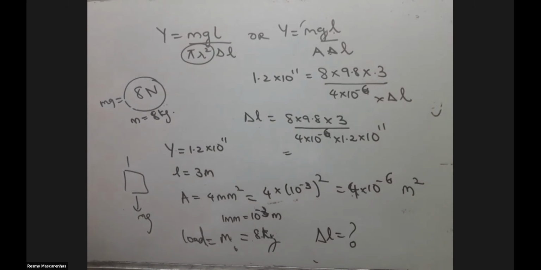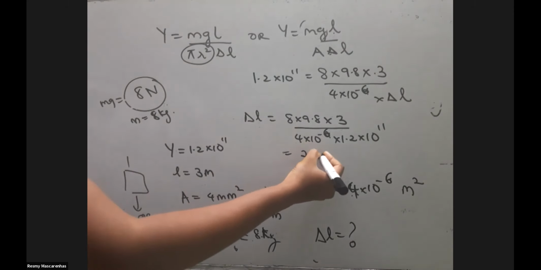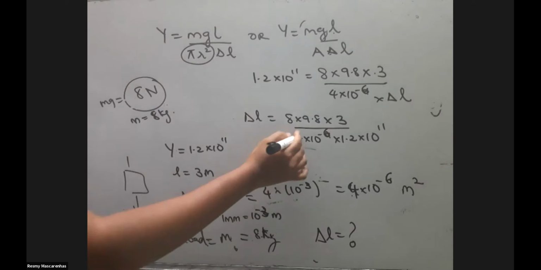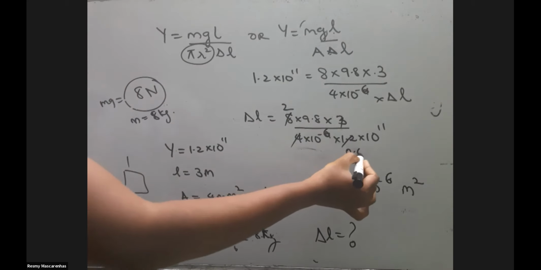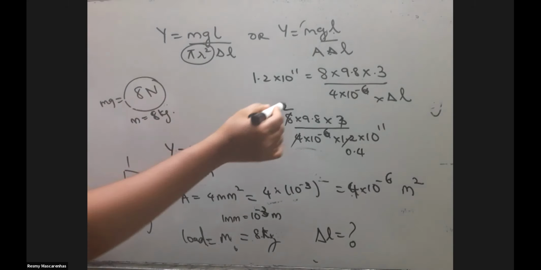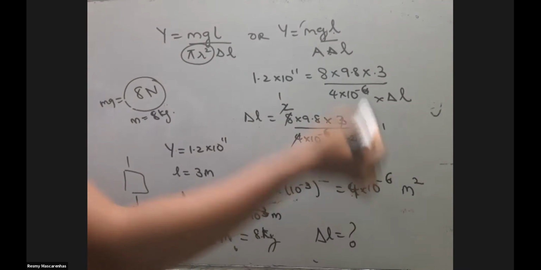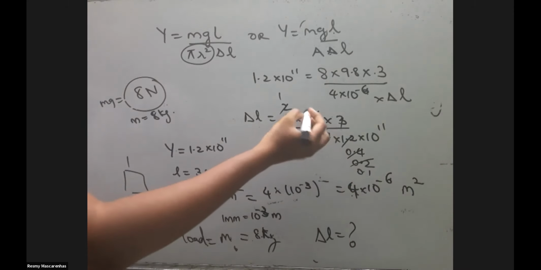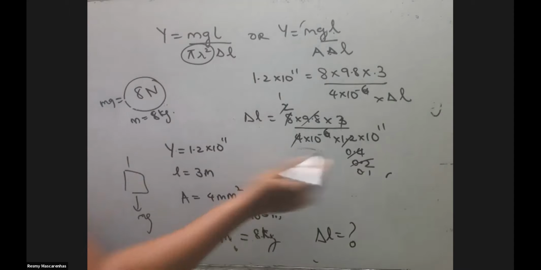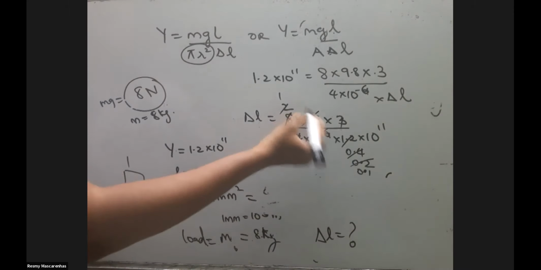So we'll multiply this. This is 8 into 3 will be 24. 24 into 9.8. Or directly we'll cancel this. 4 to 0.4, 0.2, 0.1. 0.1 is divided by 2.